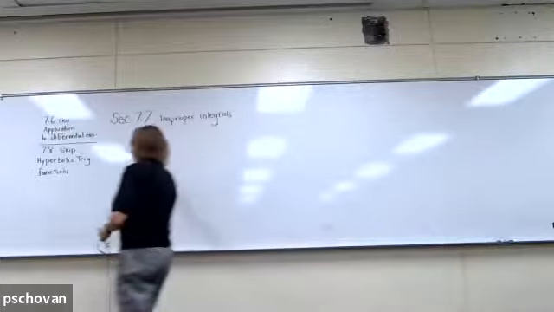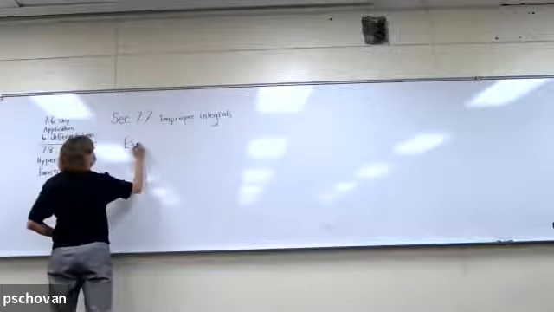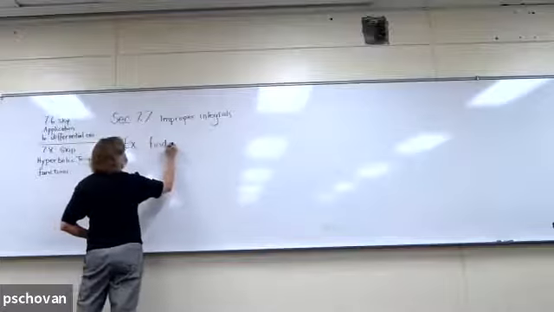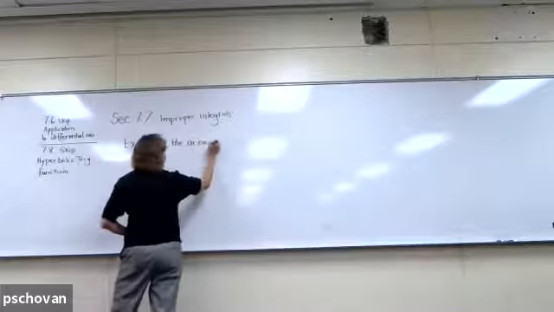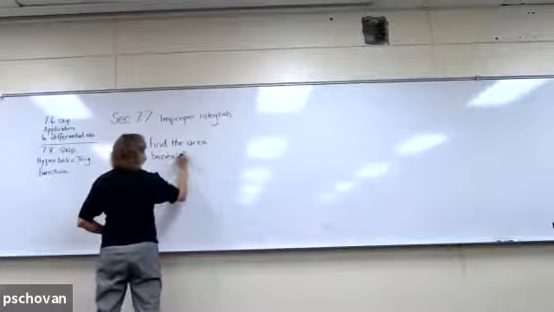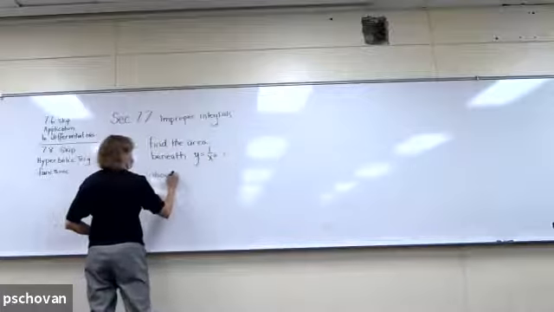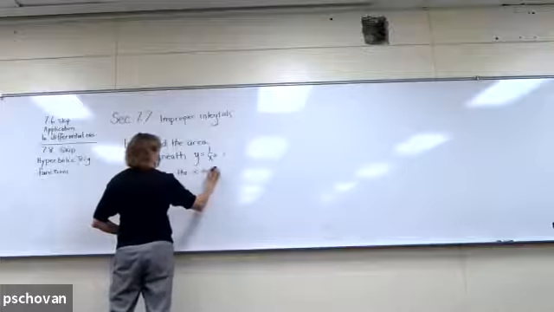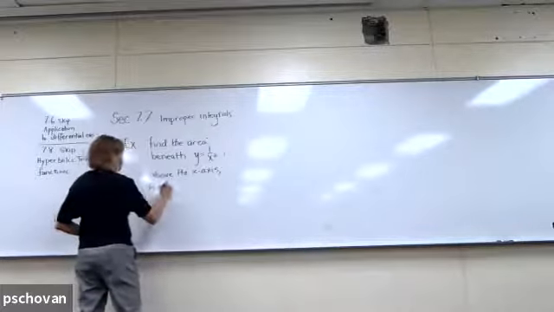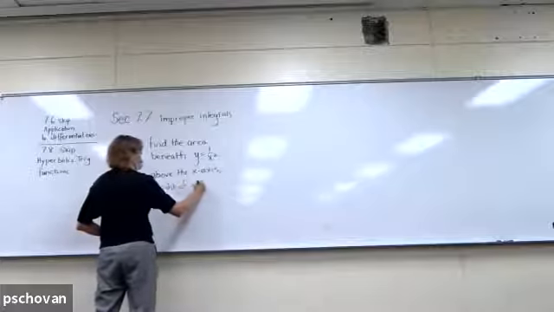How do I want to start here? Find the area beneath the curve y is equal to 1 over x squared above the x-axis to the right of the line x is 1.